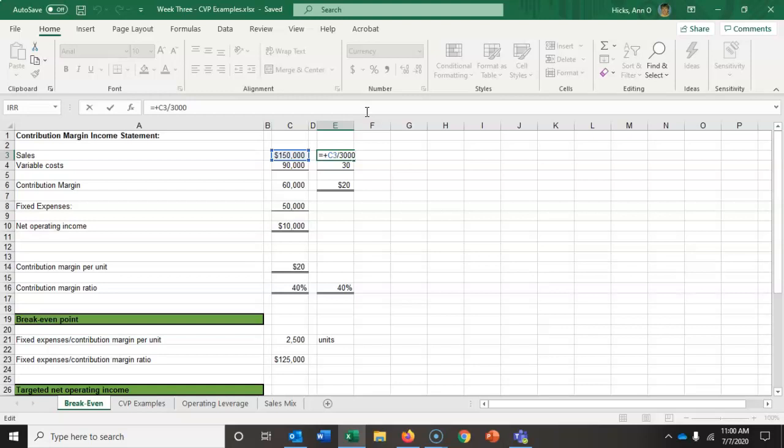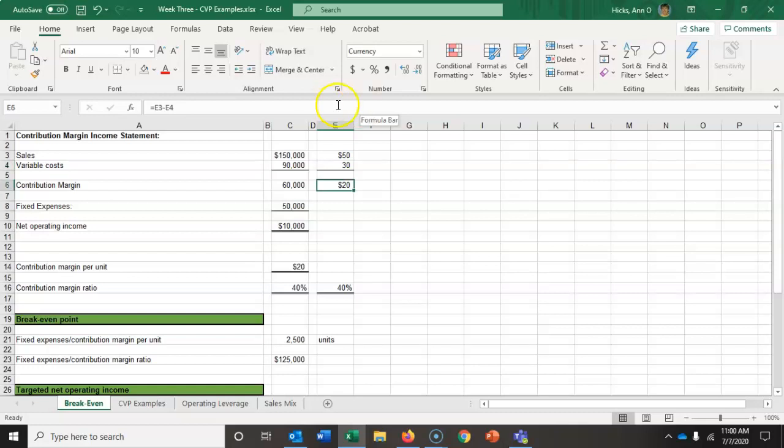We're using a volume of 3,000 units. So the sales of 150,000 divided by 3,000 units gives us a sales price per unit of $50. The variable cost divided by 3,000 units gives us a variable cost per unit of $30. And then the difference, of course, is our contribution margin of $20 per unit.